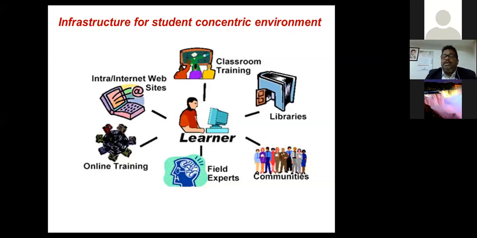Mostly they use the library online. So your entire library should be connected to the laptop, and students need to be connected. Teachers need to be connected with different communities and serve them. Then they really need field experts. All these things are peripheral, but the actual thing is that we need to have the expertise. And online training is already there.